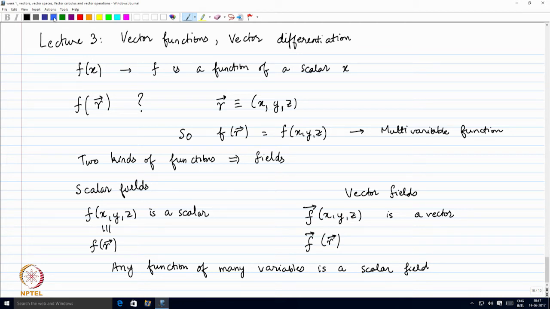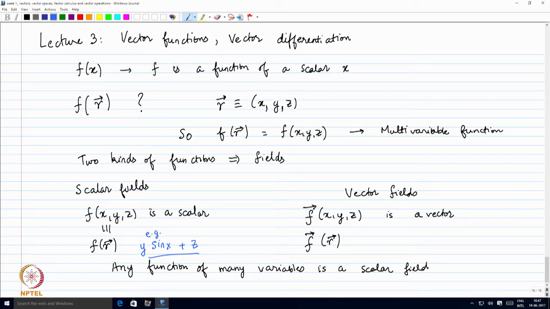So, for example, you can have something like y sin x plus z. This is a scalar field. You can take any function, you can take y square x z, you can take x y z, x y plus z, exponential, any function of all these variables, that becomes a scalar field.